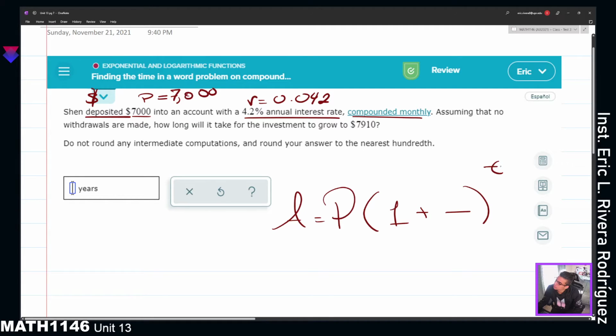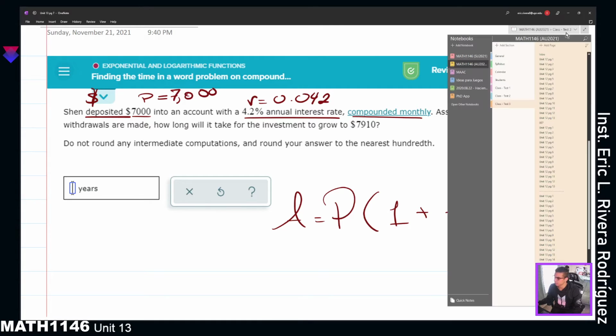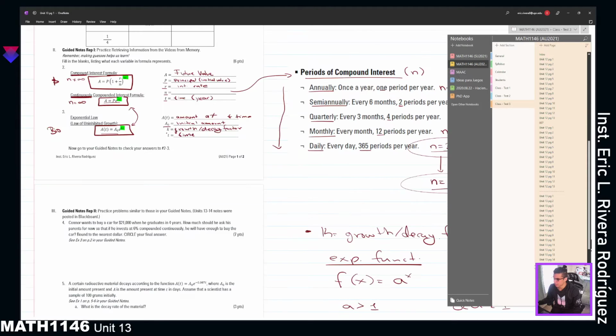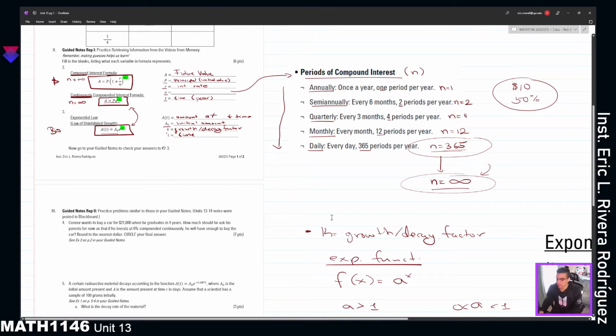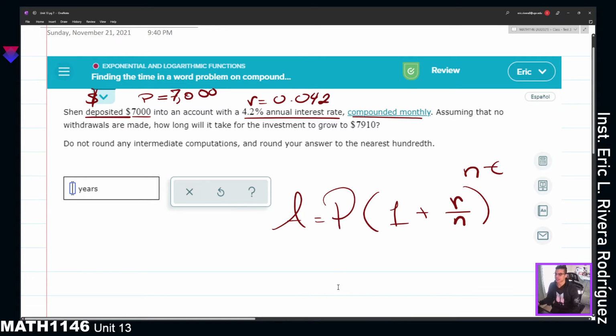If my memory is correct, that's the formula. So compounded monthly tells us that this is the formula that we are going to be using.